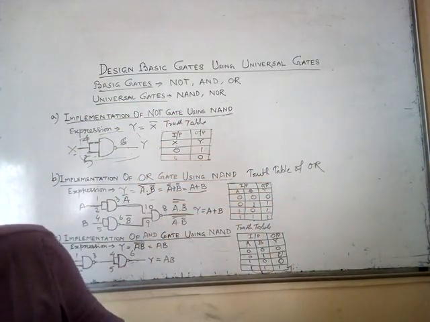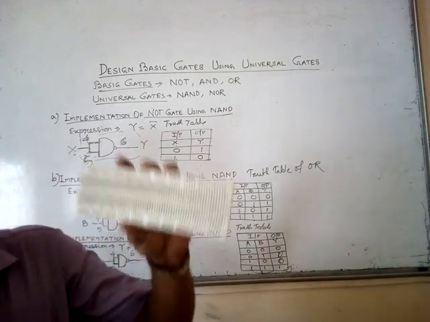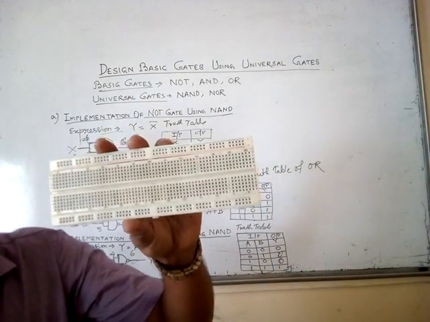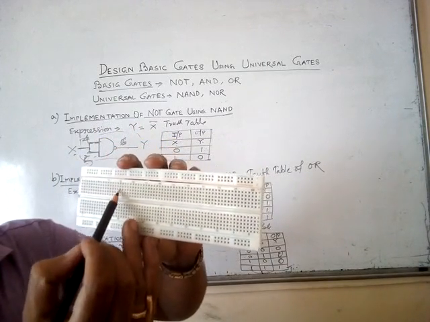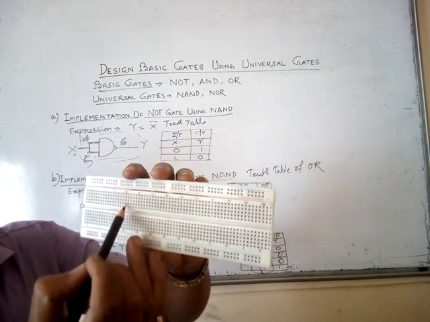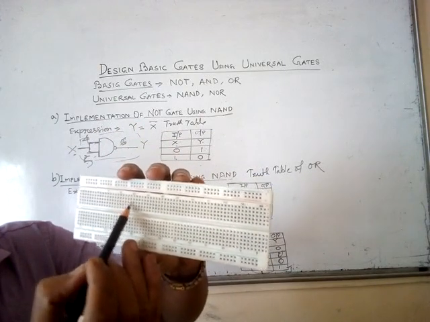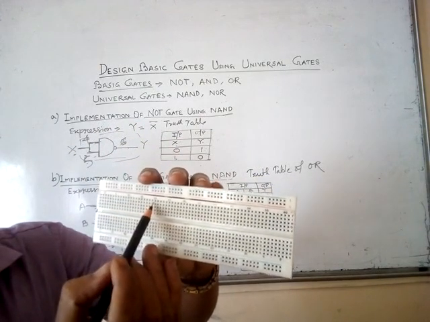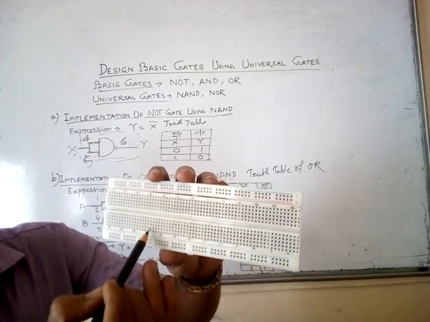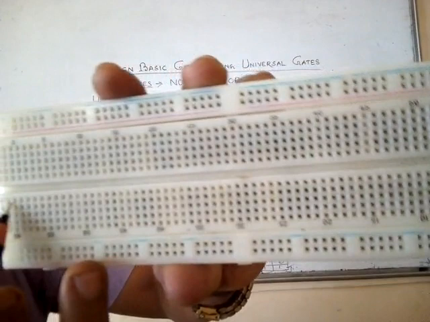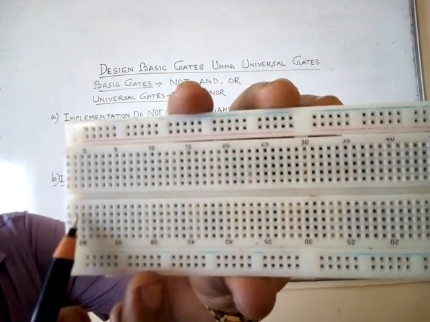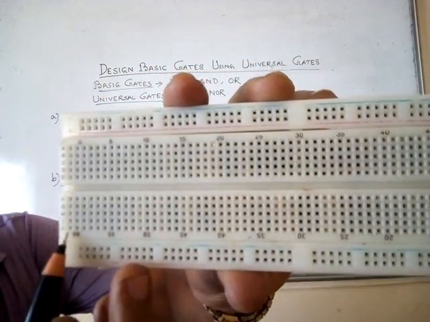And now this is called a breadboard. On this breadboard, these 5 points are vertically shorted. There is no connection horizontally, and these 5 points are also vertically shorted. You can see, I see the first 1, 2, 3, 4, 5.